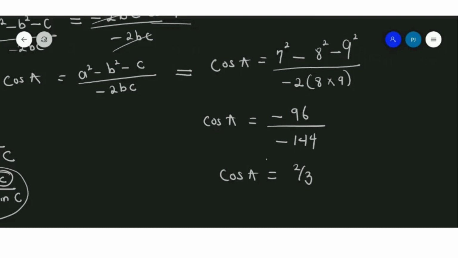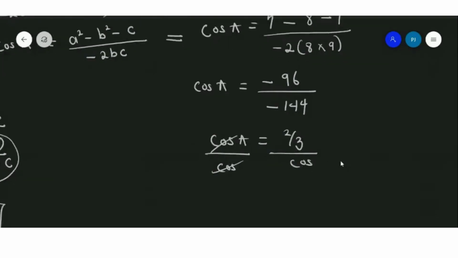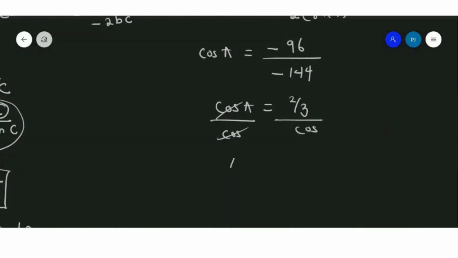So you have to convert. Remember how we do it. Divide everything by cosine. If cosine cancels cosine, you have A is equal to 1 over cosine multiplied by 2 over 3. So let's take the inverse.